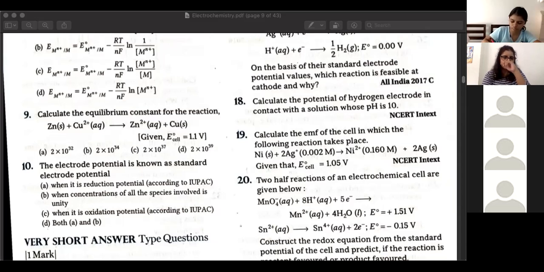You've noted down all the formulas, right? So you can refer to the formulas until you're able to memorize and get a hang of them. Ma'am, when you take log to the other side, what does it become? You need to take the anti-log.